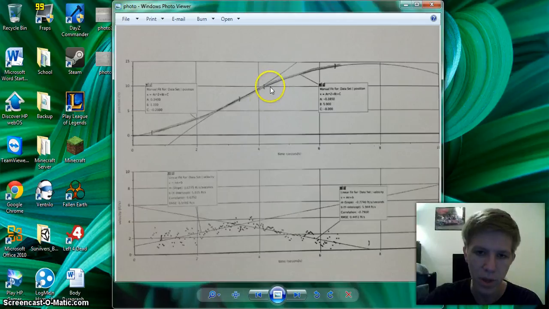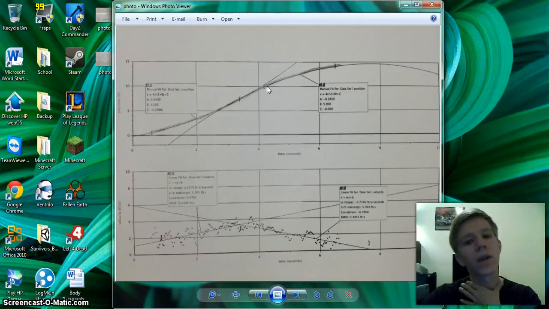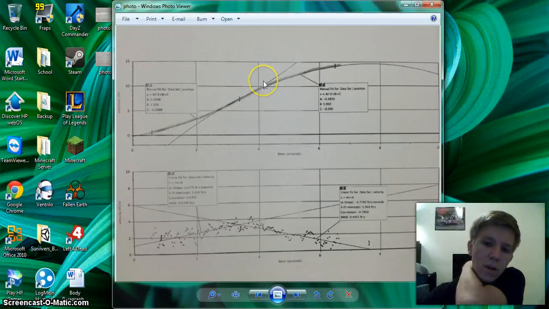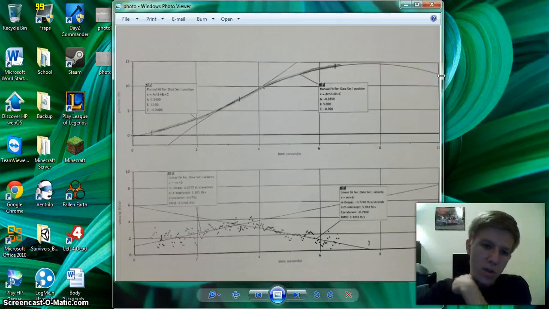But after that point, the velocity goes down and it starts to decelerate, or accelerate in the negative direction. So this is speeding up, this is staying constant velocity, and this is slowing down as the car goes from the force of the mousetrap.